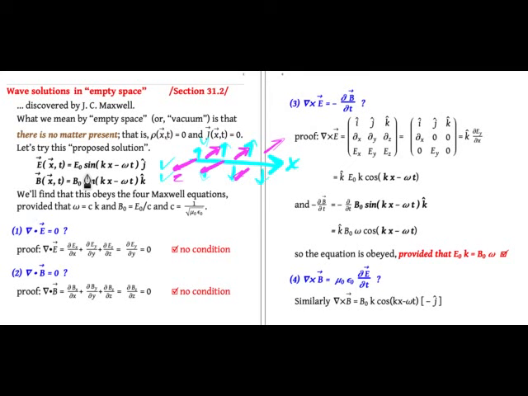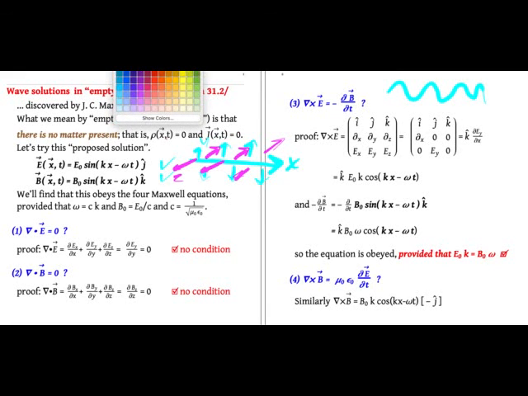So you have a wave, you have a combined wave. You have an electric wave, put that in blue. So you have an electric wave which is pointing in the y direction. And put this one in pink.